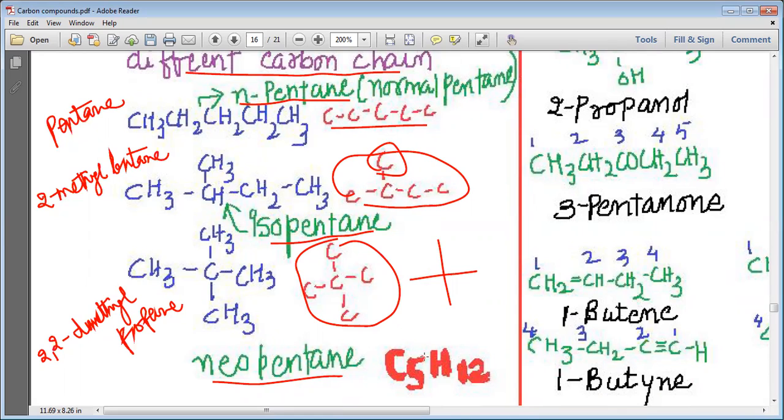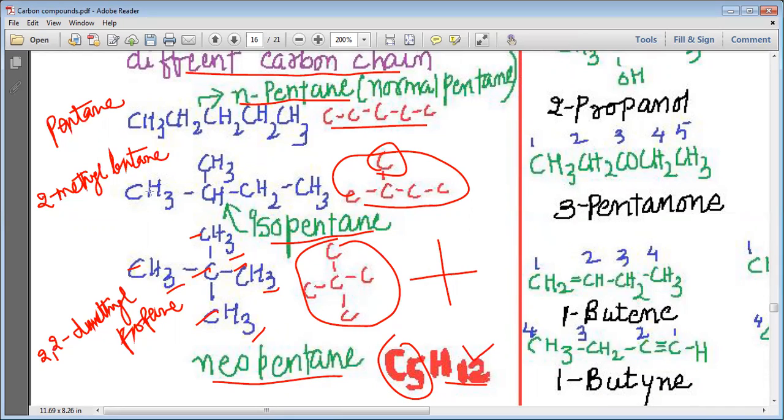Now if you really look at the number of carbon and hydrogen, there must be 5 carbon and 12 hydrogen in each of these compounds. You can see 1, 2, 3, 4 and 5 carbon, then 3 plus 3, 6 plus 3, 9 plus 3, 12 hydrogen.